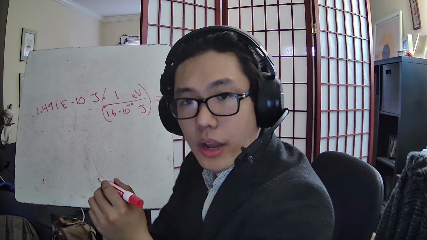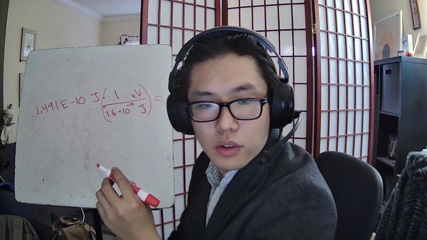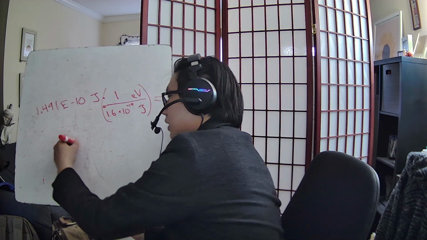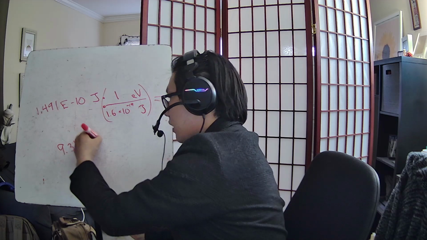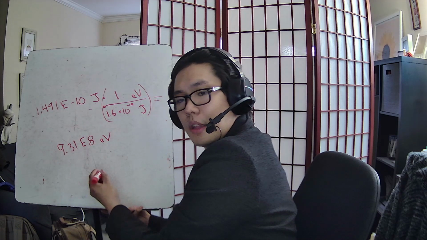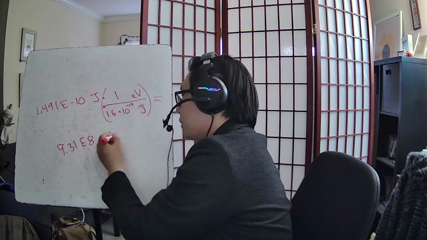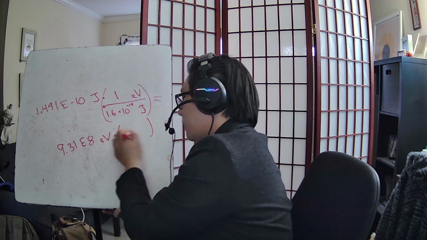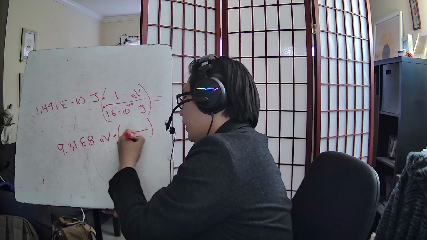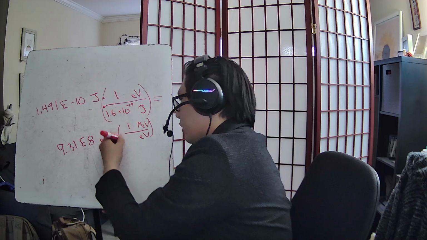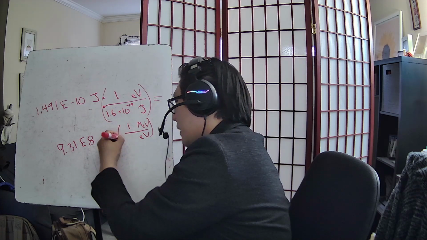So now we know how many electron volts we have, which I believe is 9.31 times 10 to the 8th electron volts. All right, so to convert this to mega electron volts, once again, you could do a conversion factor of electron volts to mega electron volts. Well, 1 mega electron volt should be a lot of electron volts. How many?